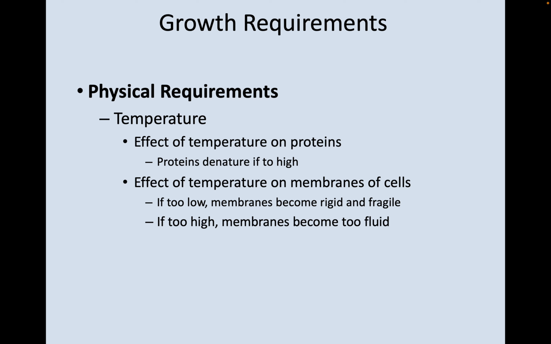So if the temperature is too low, membranes become rigid and fragile. Remember, membranes are made of those phospholipids, and they need to be fluid to function. If we get them too cold, then they won't be able to work as they should. If they get too high, the membranes become too fluid, too loosey-goosey, and that's not good either.